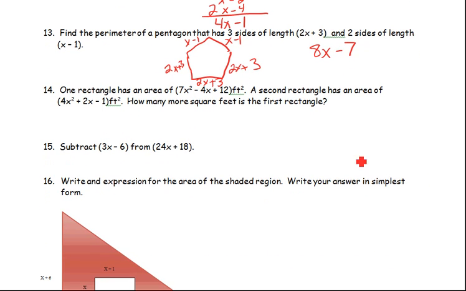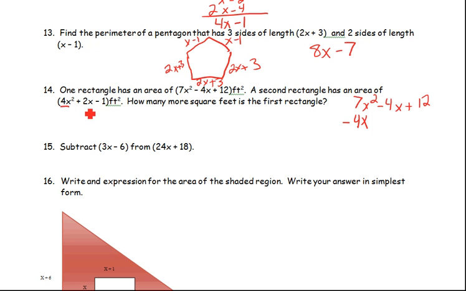Number 14. One rectangle has an area of 7x squared minus 4x plus 12 feet squared. A second has an area of 4x squared plus 2x minus 1. How many more square feet is the first rectangle? Well, what that tells me is I have to subtract. So I'm going to write the first one, 7x squared minus 4x plus 12. Now when I subtract, the positive 4x becomes a minus 4x.